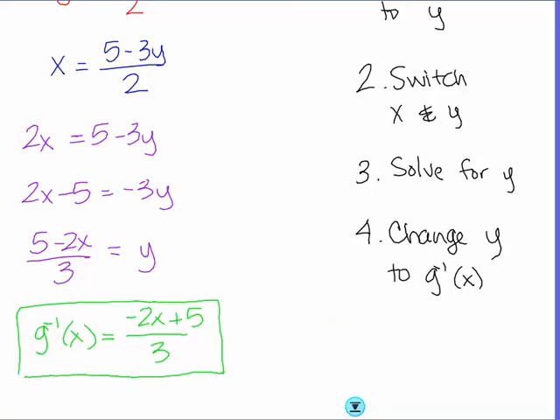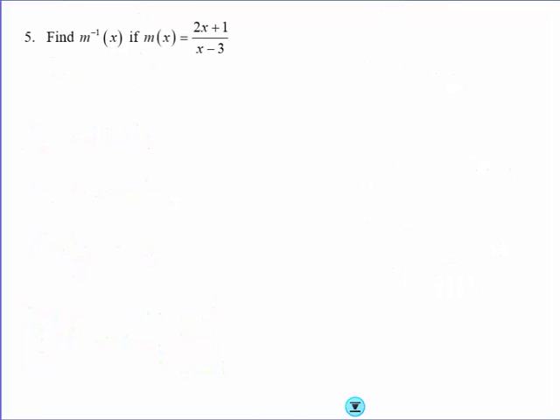Let's try one more. I have that m of x equals (2x plus 1) over (x minus 3). I'm going to start by changing m of x to y. Then I'm going to switch x and y.